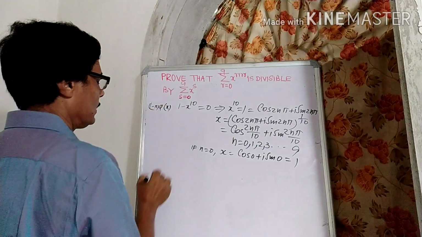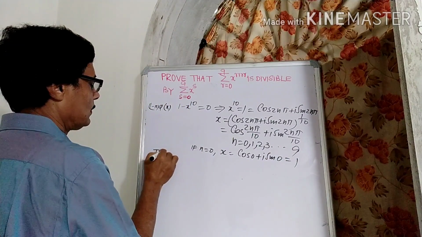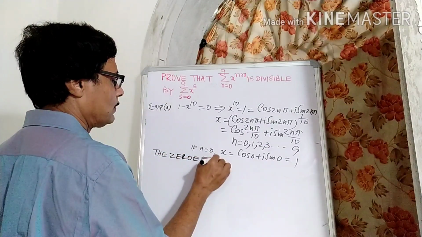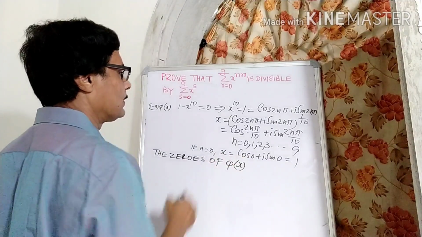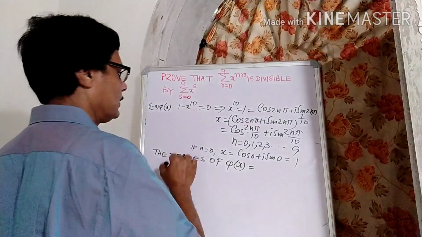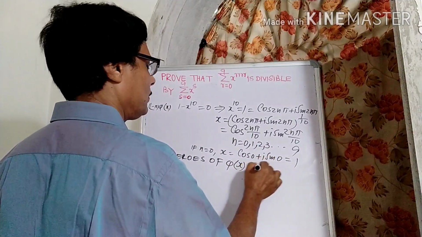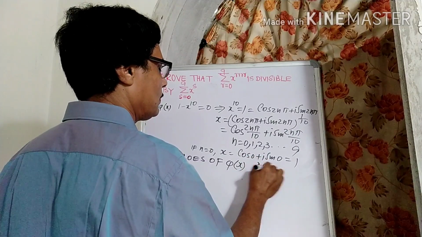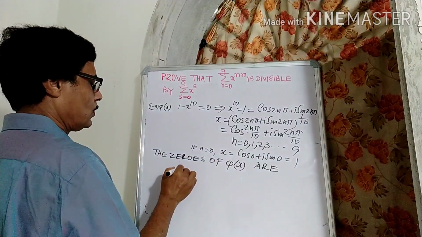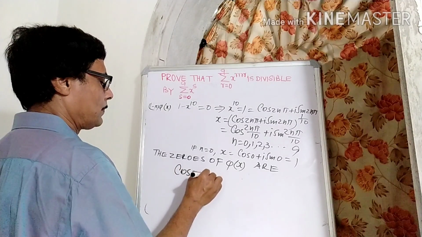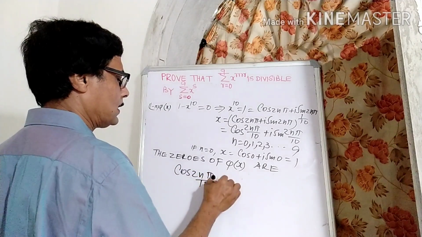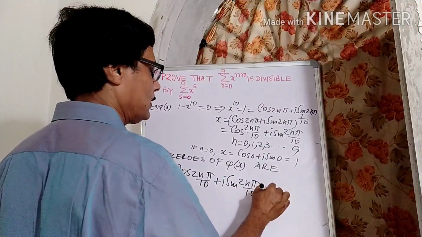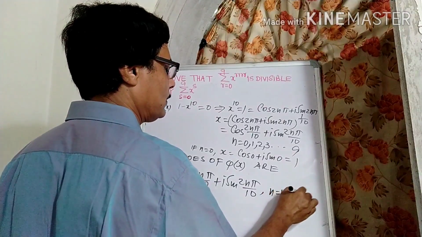So the zeros of phi(x) are cos 2n pi by 10 plus i sin 2n pi by 10, where n equal to 1, 2, 3 dot dot 9.